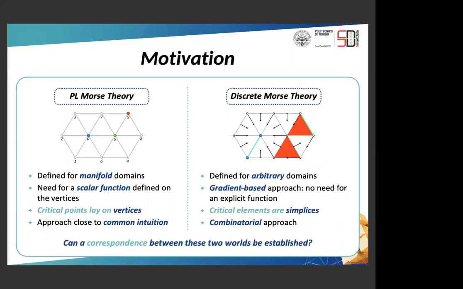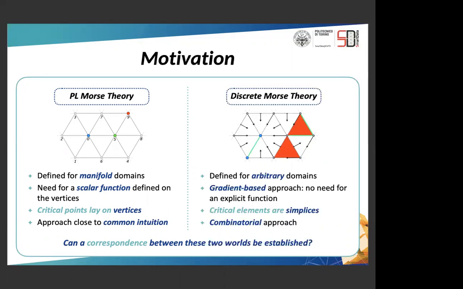PL Morse theory is specifically defined for manifold domains, while discrete Morse theory does not have this constraint, and it deals with arbitrarily discretized domains.